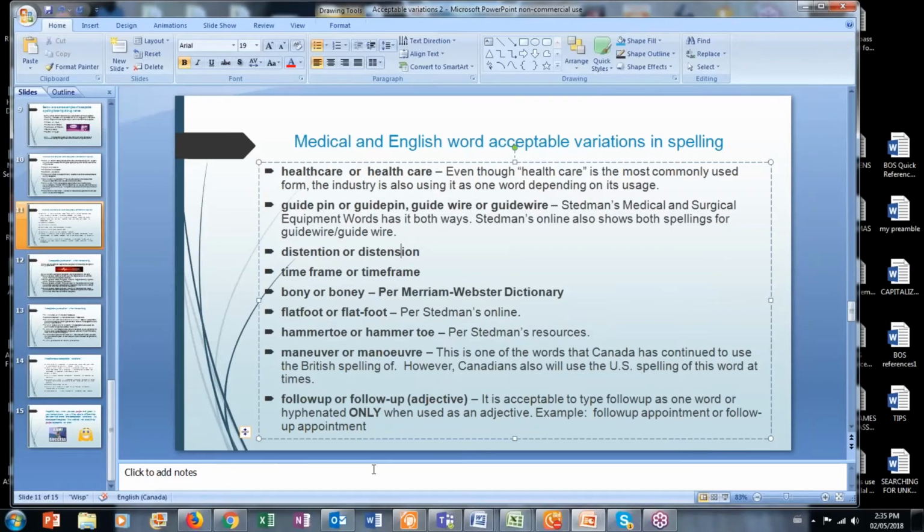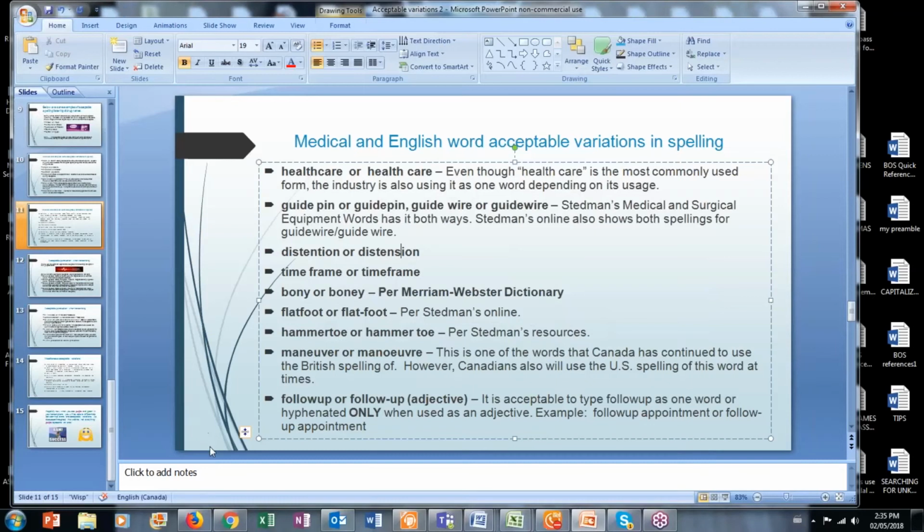So maneuver is acceptable with an O-E-U-V-R-E at the end. Most of us in Canada will use the US spelling, M-A-N-E-U-V-E-R. But if you do happen to use a British spelling of this word only, not the other British words, just this one, we will accept it.